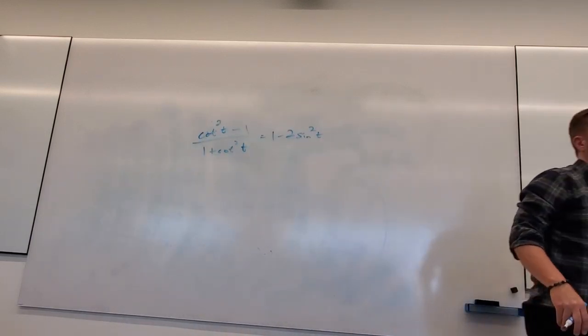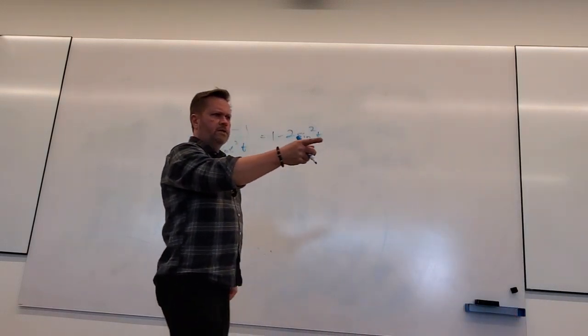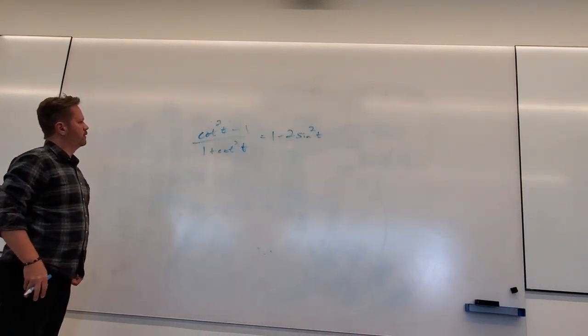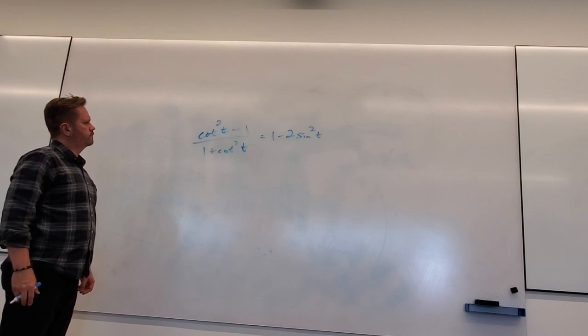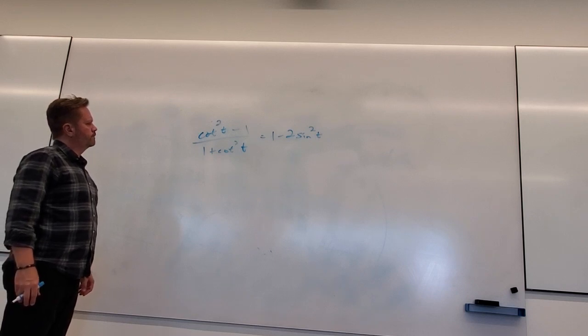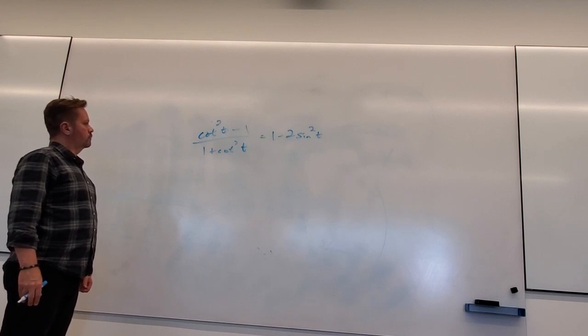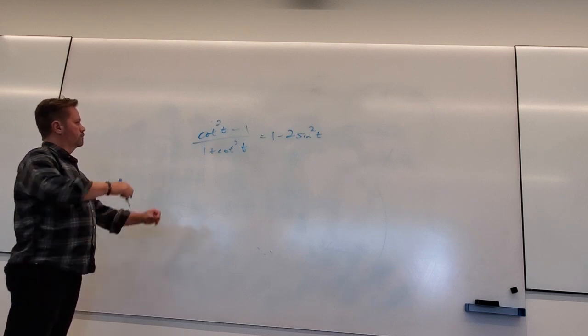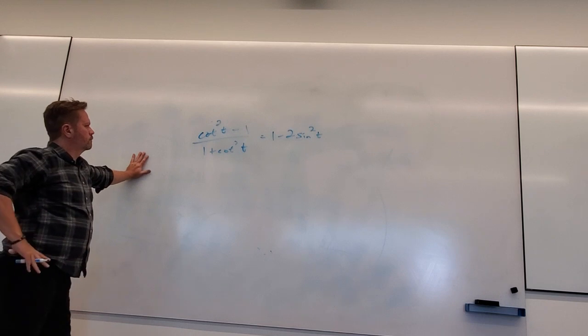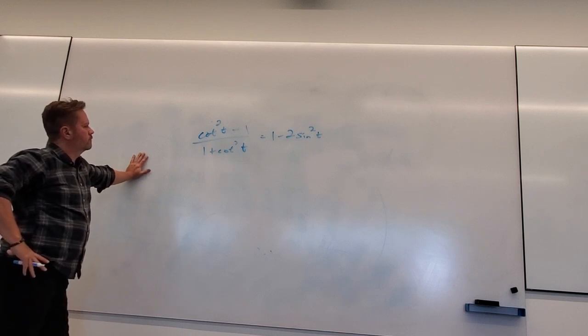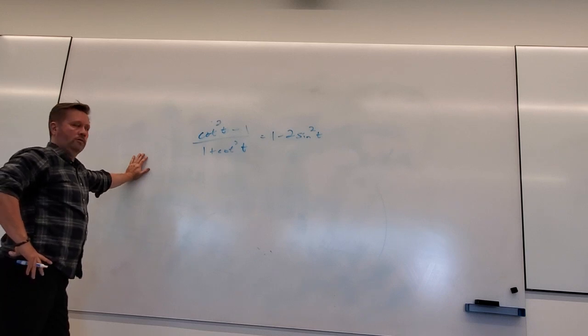Okay. So what was your suggestion, Brandon? Instead of cosine square over sine square minus 1 for cotangent, I just did 1 minus sine square over sine squared minus 1, and it just canceled.